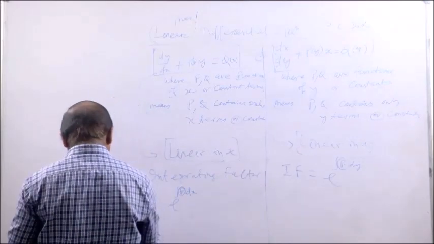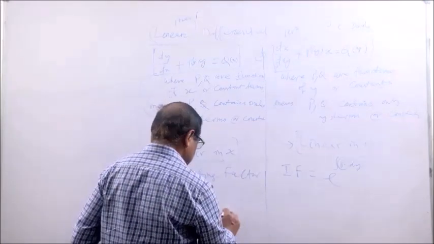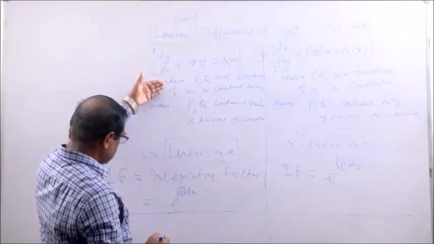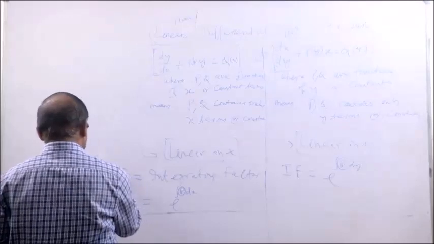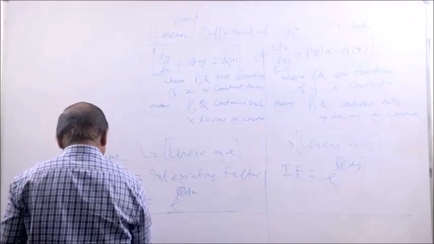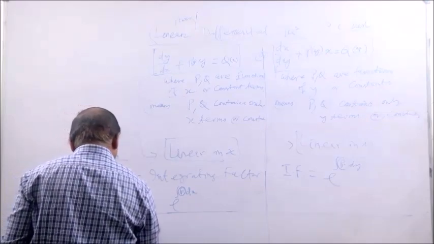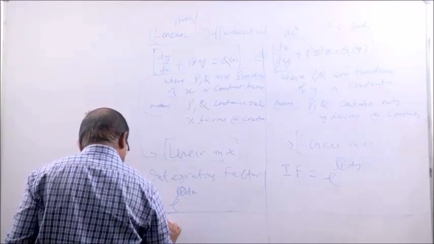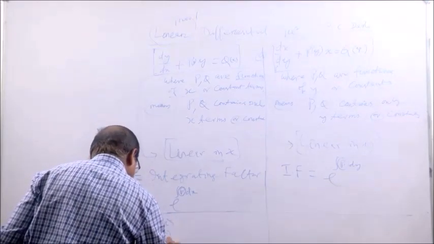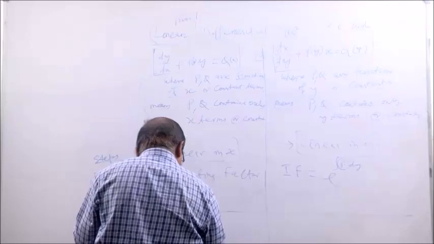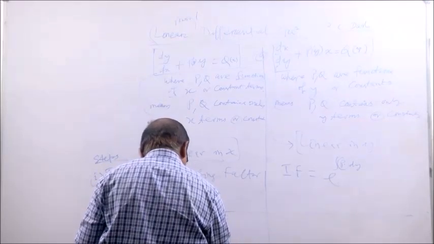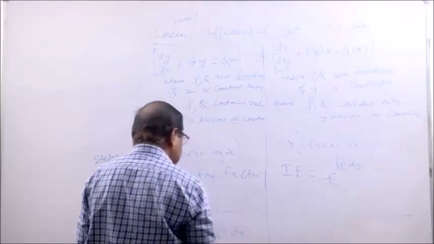Now you can write the solution directly. You just remember these steps. You are given a question, find the IF, then the solution. The solution is y into IF is equal to integral of Q into IF dx. This is the solution.